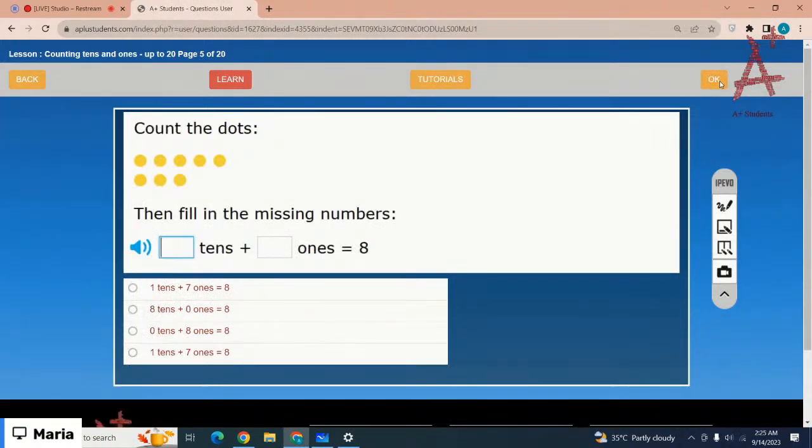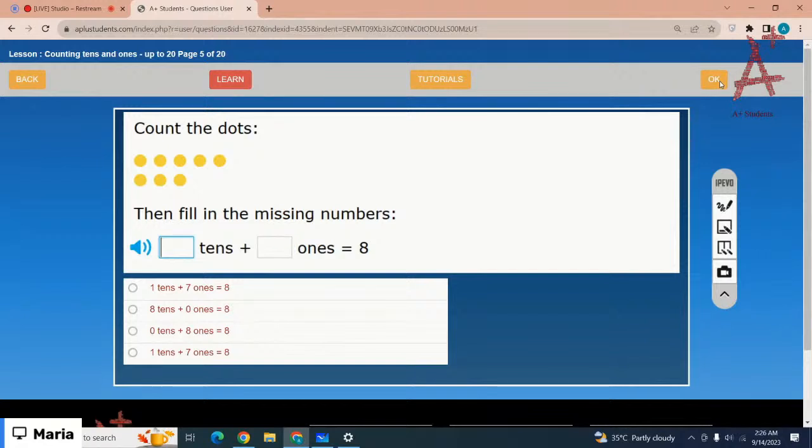Okay, count the dots. So you have 8 dots, right? So which option is the correct one? How many tens and how many ones do we have? You have only 8, right?